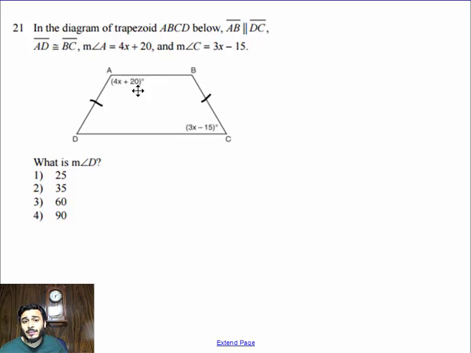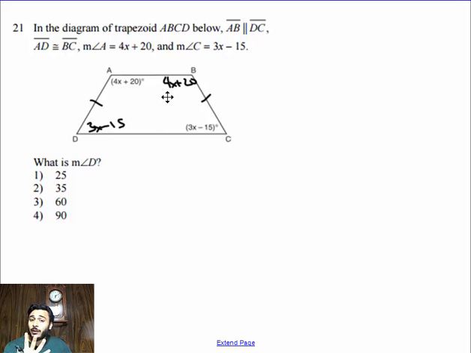Now, since this is an isosceles trapezoid, one of the properties is that the base angles are congruent. So this is 3x minus 15. This is also 3x minus 15. Let's look at the top base. 4x plus 20 is one of the angles. The other angle is also 4x plus 20.